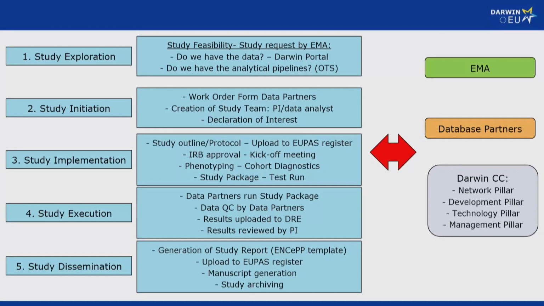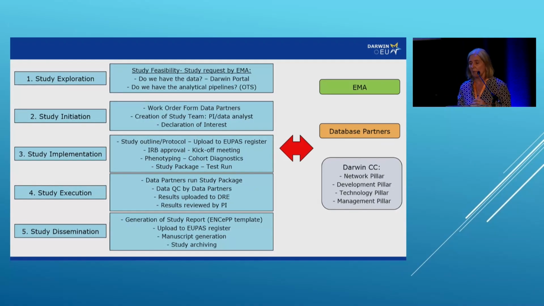Study execution would mean that data partners run the study package, that they do a quality check on their data, which is extremely important. Results will be uploaded to a digital research environment, and then results are reviewed by the principal investigator. And then we move to the last phase, which is study dissemination, where we're going to generate a study report based on the NCEP template, passed on to EMA for review.